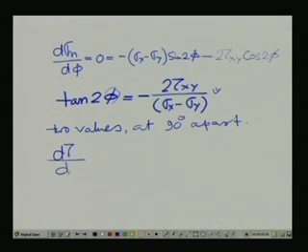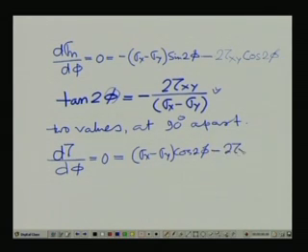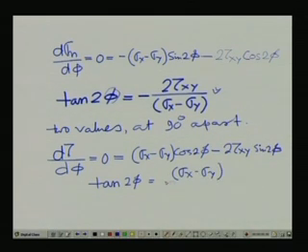Now, d tau by d phi, once again if we equate it to 0 and write down the similar expression, we get (sigma x minus sigma y) cos 2 phi minus 2 tau x y sin 2 phi equals 0. So tan 2 phi comes out to be simply sigma x minus sigma y divided by 2 tau x y.